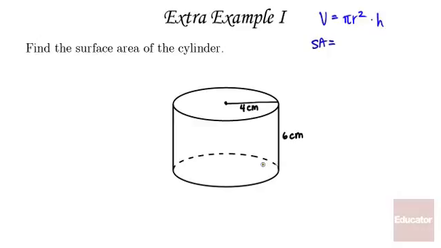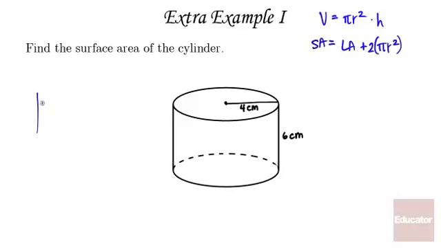So surface area is the lateral area, which is that label, plus the area of the base, which is a circle, pi r squared, and multiply that by 2 because we have 2 of those bases.